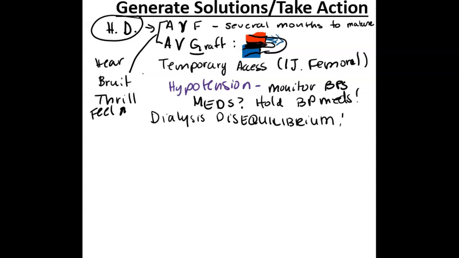Restless and disoriented, vomiting, headache, these are signs of increased intracranial pressure. So it could lead to death. So this is an emergency. We need to stop or slow down the dialysis. Get that provider involved right away. So this is danger, danger.